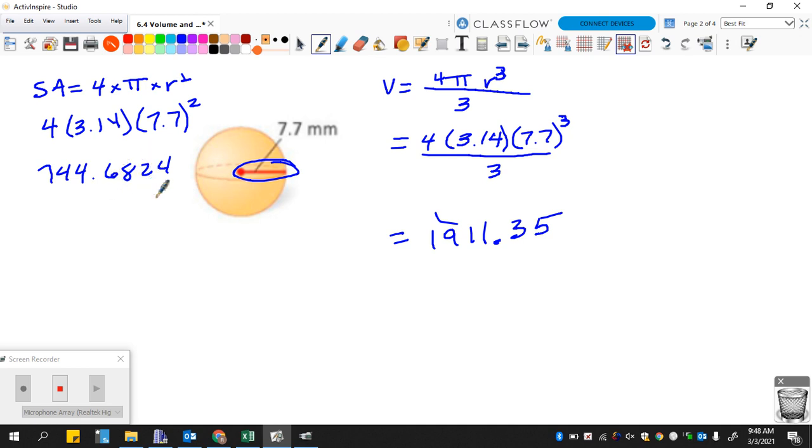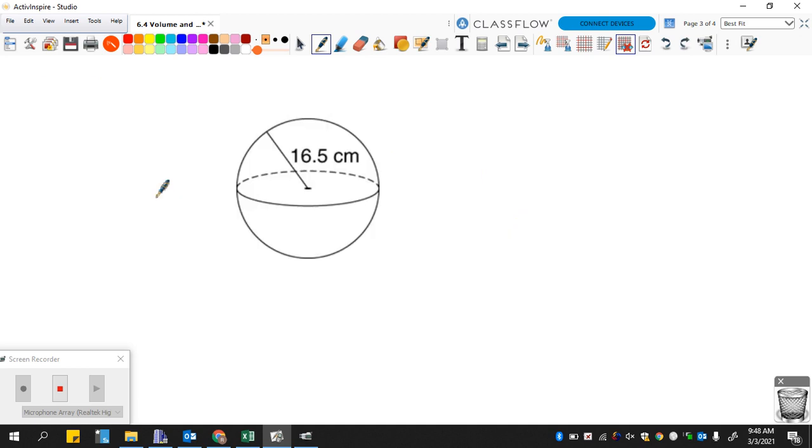All right. Once again, this sphere here, we have volume, okay, is 4 times 3.14 times the radius cubed, 16.5 to the third power, all of that divided by 3.